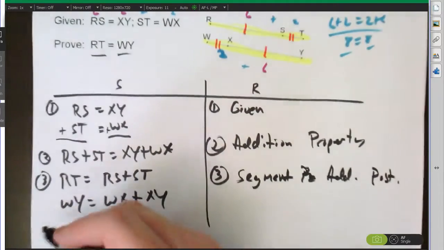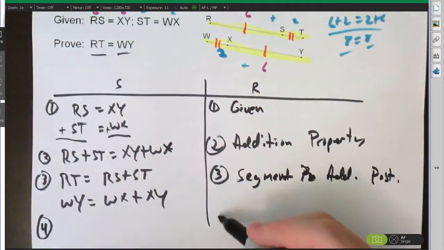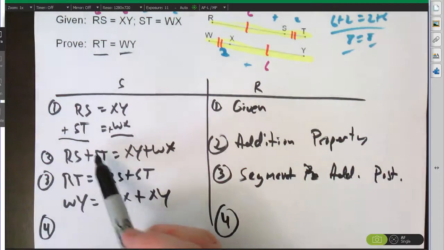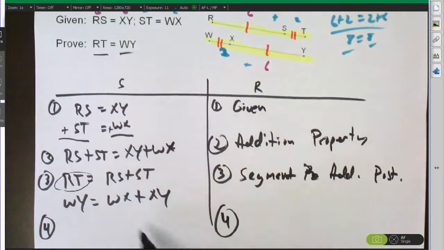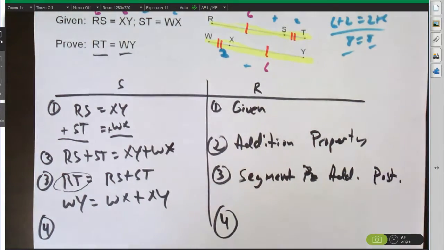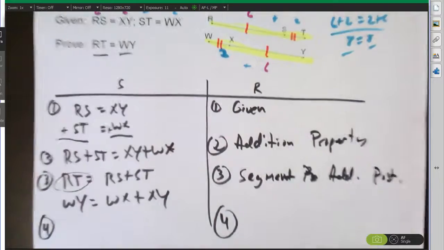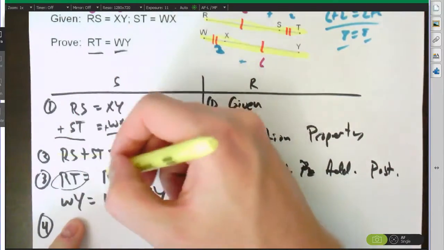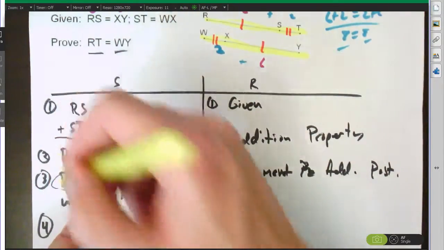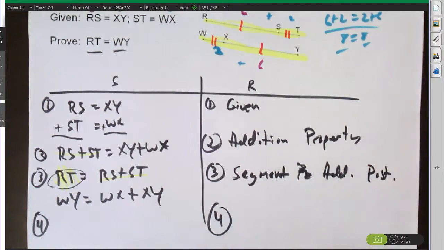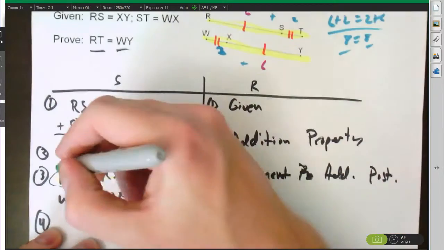And then last but not least, step 4, hey, if RS plus ST equals RT, and XY plus WX equals WY, I know I reordered it, but it doesn't matter. Okay. Let me do this with a highlighter, it might stand out better. That does not stand out at all. Let's just do a colored marker. Let's do a green one.